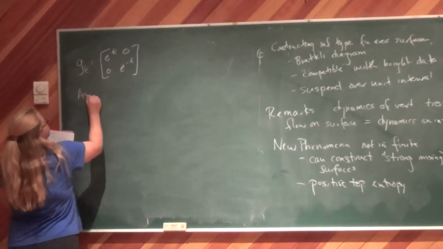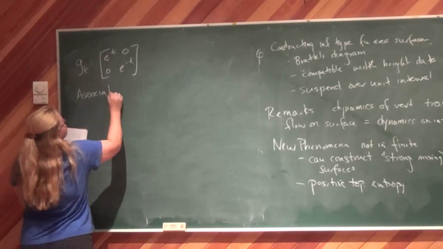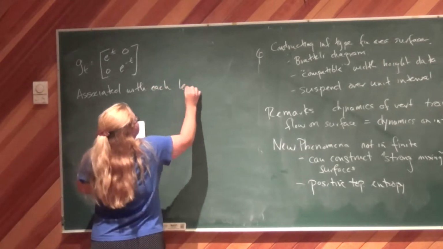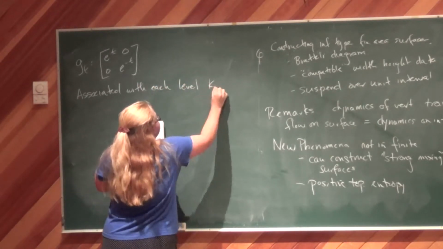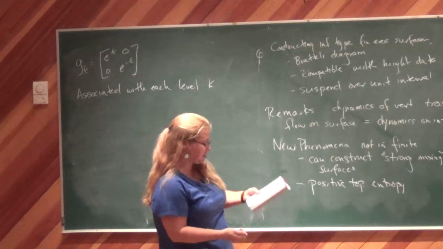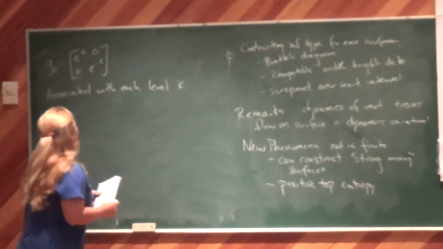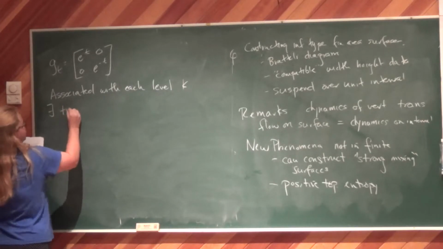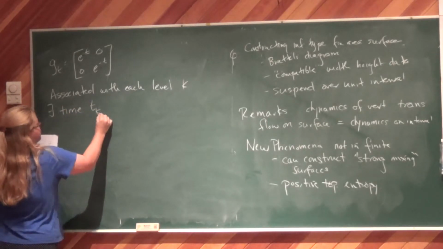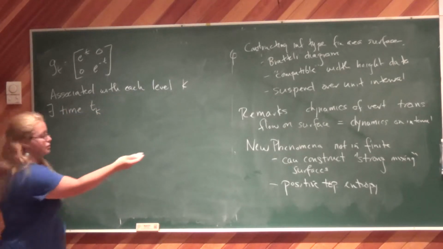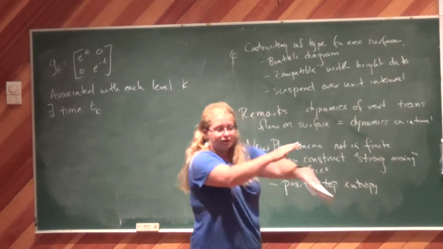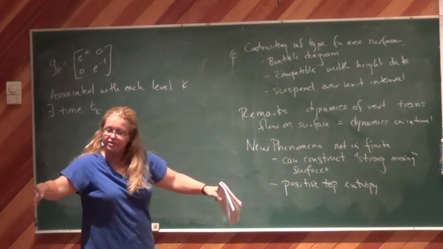This means that associated with each level, say k, of your bi-infinite Bratteli diagram, there exists a time, t sub k, which takes whatever your object is and stretches it so that the horizontal distance is again 1.